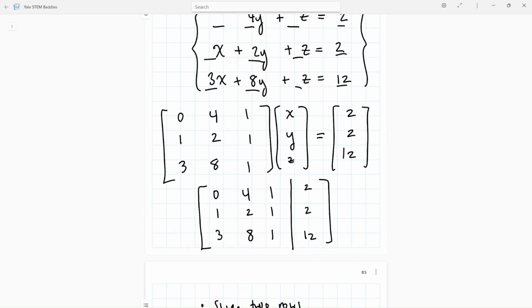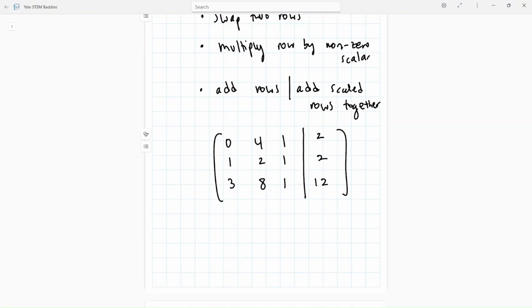My first goal is to look at the upper left corner of this matrix, at that entry right there, and I want that to be a 1. Normally, if it was a number that's not a 1, like 4 or 5, I could multiply that whole row by 1/4 or 1/5 to get that first entry to be 1.